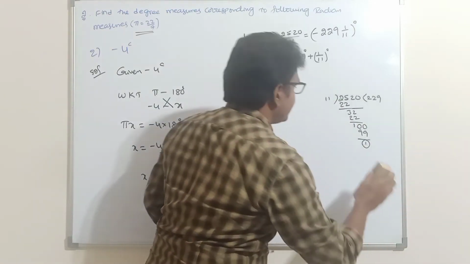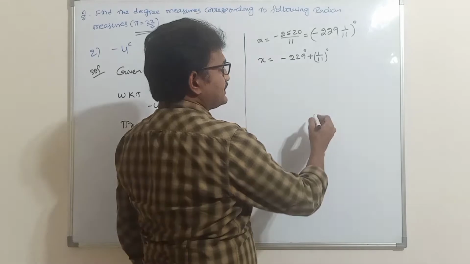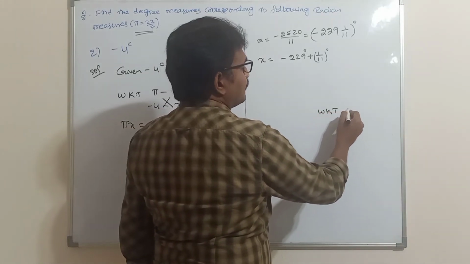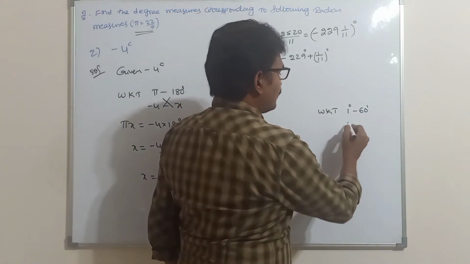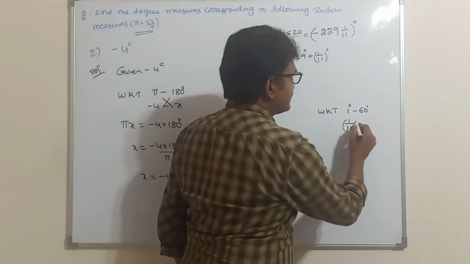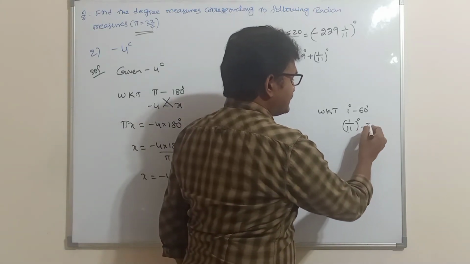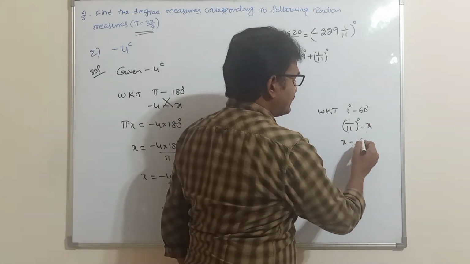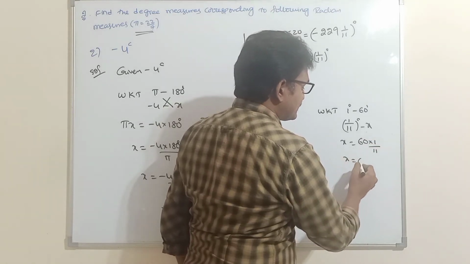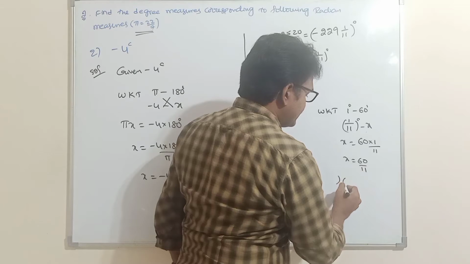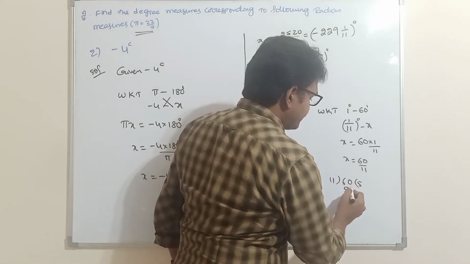Next, convert this 1 by 11 degrees into minutes. We know that 1 degree is equal to 60 minutes. Then 1 by 11 degrees is equal to how many minutes? Let it be x. So by cross multiplying, x is equal to 60 into 1 by 11. That means x is equal to 60 by 11. Divide 60 with 11. 11 5s are 55.